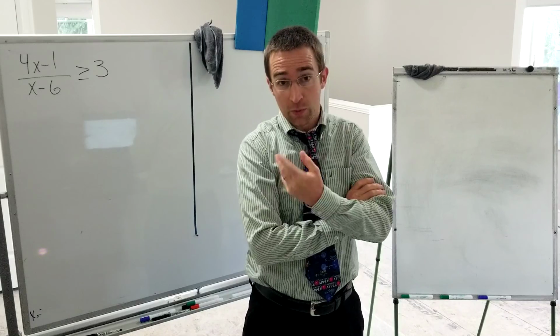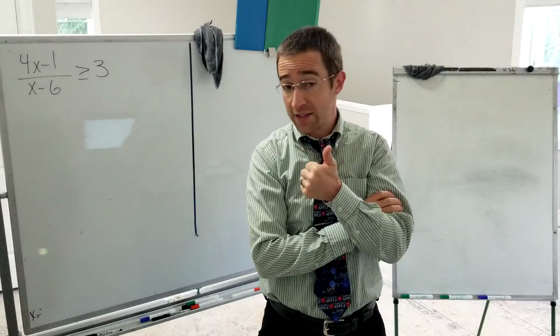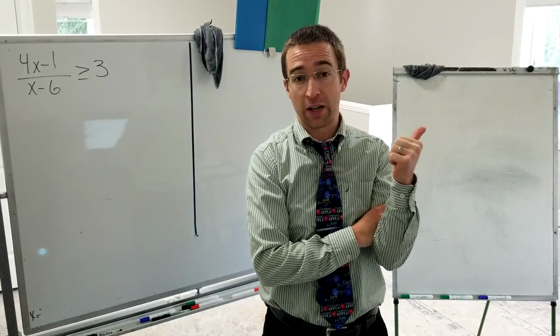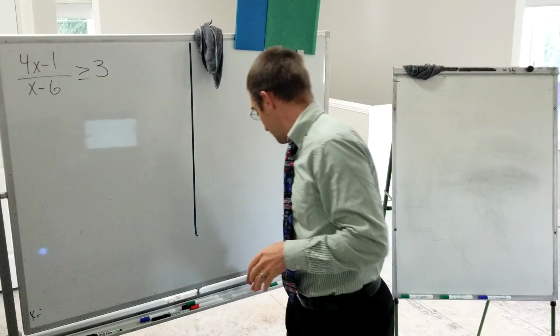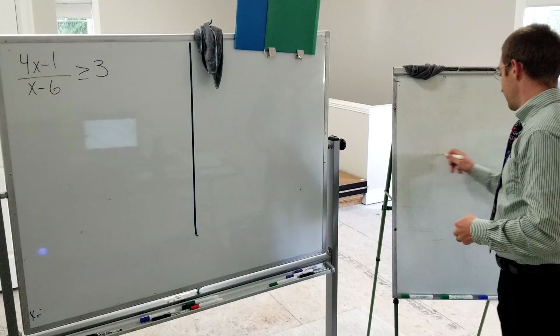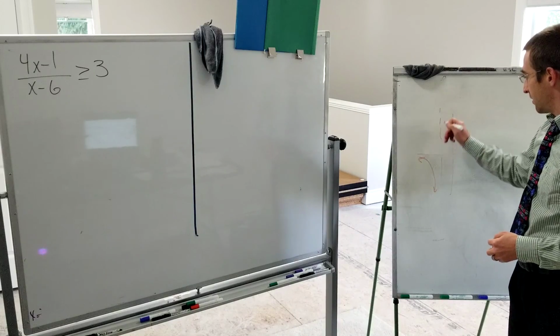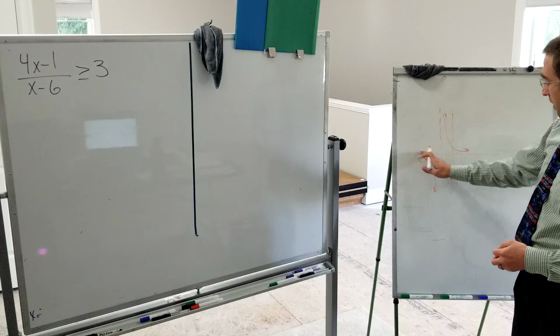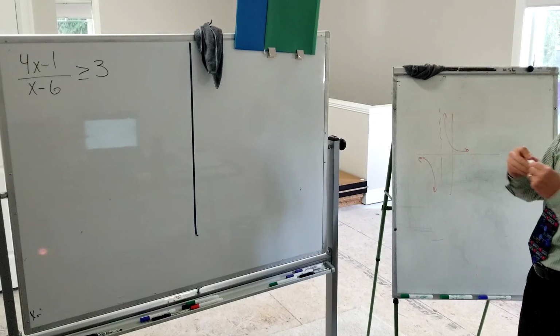In general, we still want it to equal 0, so we're not there yet. But our key numbers can happen either at x-intercepts, just like with the quadratic, but also we can have vertical asymptotes here. And on a graph, if I have a vertical asymptote, I could have something like this, where it's negative on the left of the vertical asymptote and it's positive on the right-hand side of the vertical asymptote.